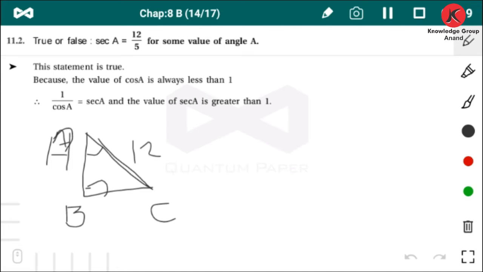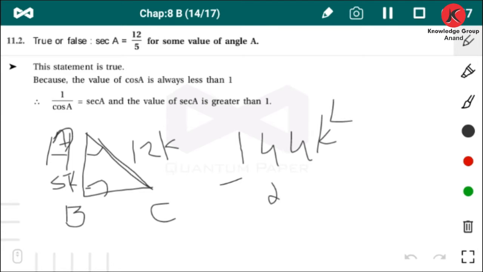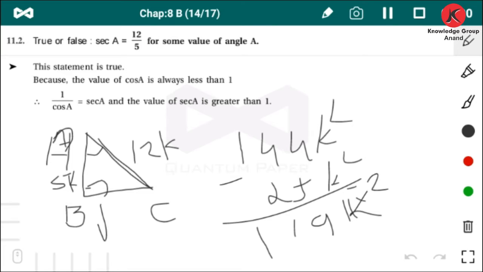Here the hypotenuse is 12k and the adjacent side is 5k. Then the remaining side is the square root of 144k square minus 25k square, which is 119k square, so the side is root 119 k.